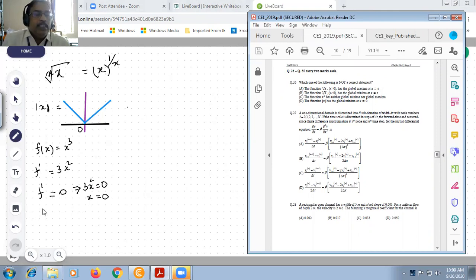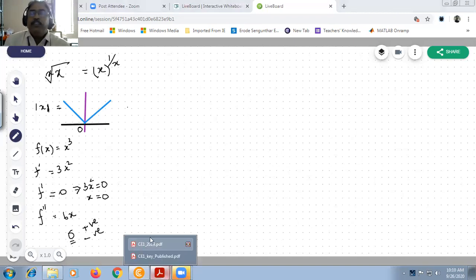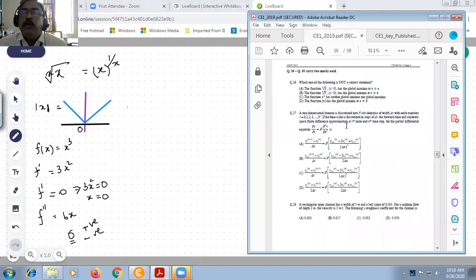f double dash is equal to 6x. When x equals 0, 6x gives you 0. It is neither positive nor negative. If it is negative, we say it is maxima. If it is positive, we say minima. And clearly we say that there is no global minima or global maxima.